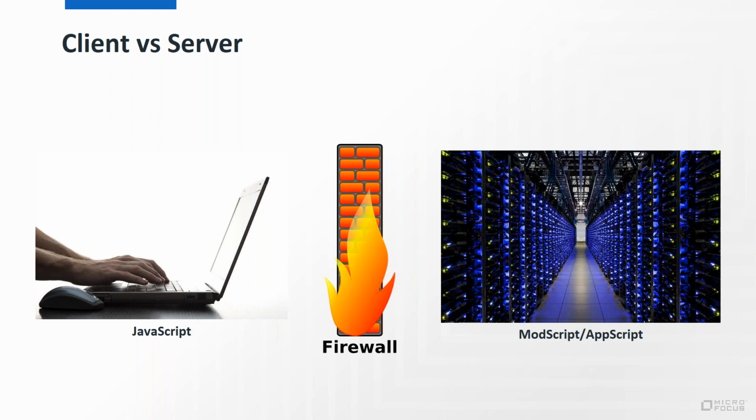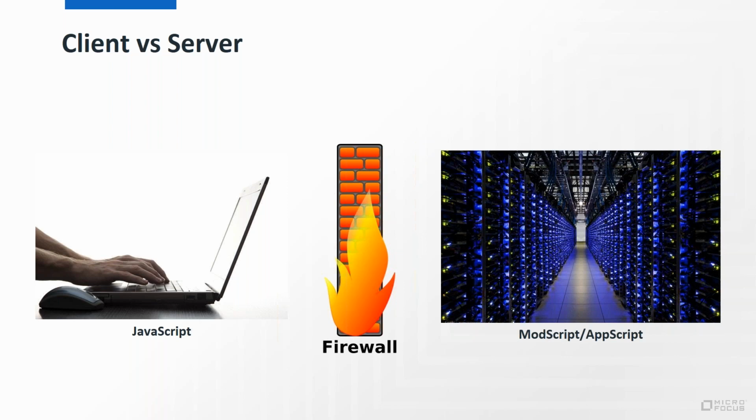And then we talk about the server side. Well, the server side, that's where ModScript and AppScript come into play. And so that is when the server is actually making or processing that data. So when you are generating a ModScript or an AppScript and that is executing, you're not actually going to necessarily be seeing the effect from the client side.